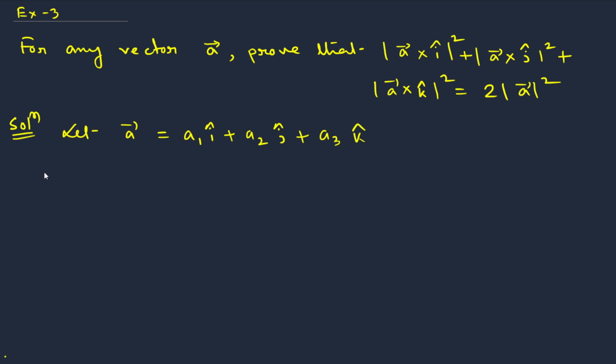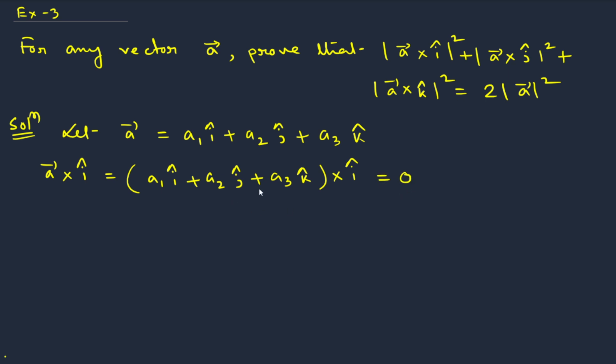Let us first find a bar cross i cap. So it's a1 i cap plus a2 j cap plus a3 k cap, cross i cap. I cap cross i cap is how much? 0, right? By using the determinant also you can find, or directly also you can find. So i cap cross i cap is 0, so it will not come.